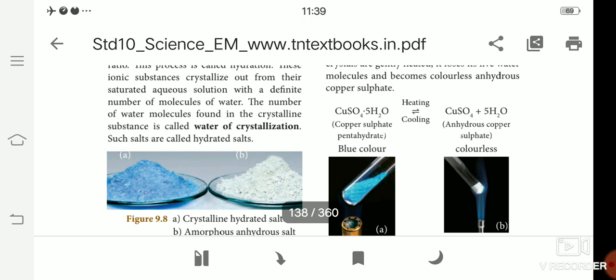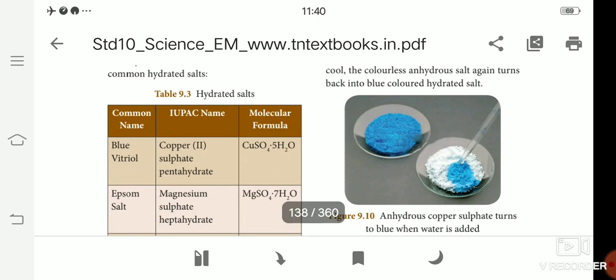When the hydrated salt is heated and then cooled, it is a reversible process. The product is anhydrous copper sulfate. Anhydrous means no water, because the water is removed. So this is a reversible reaction. When a few drops of water are added to the white salt, it changes into blue color.